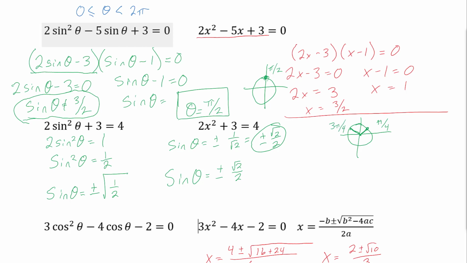And it will be negative square root of 2 over 2 at 5 pi over 4 and at 7 pi over 4. So in fact we have 4 solutions to this equation, and that is pi over 4, 3 pi over 4, 5 pi over 4, and 7 pi over 4.